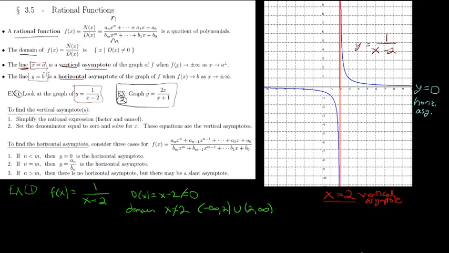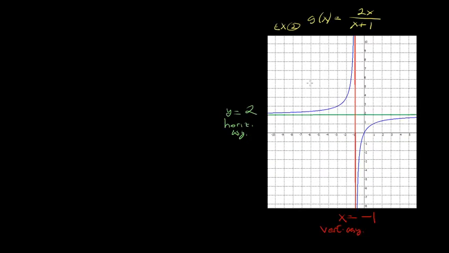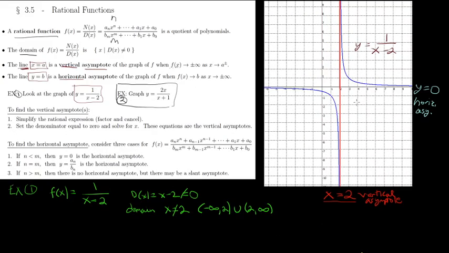So y equals b, or in the first example, y equals 0 is the horizontal asymptote. And in example 2, the line y equals 2 is the horizontal asymptote. So looking at the graphs, it should be fairly routine to figure out what the asymptotes are.